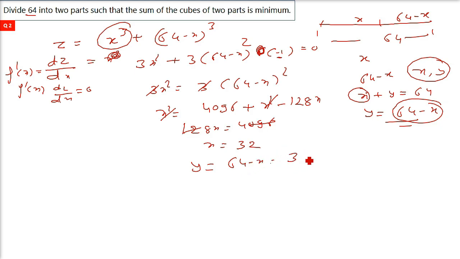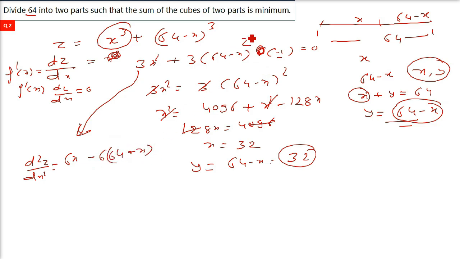We have seen in the previous question also that it was 15 by 2. When we divided and wanted it to be a minimum or a maximum, we already found that it has to be divided into two equal parts. Next is d2z by dx2, that is the double differentiation. Since we have already done the differentiation part, we'll do the double differentiation as well.